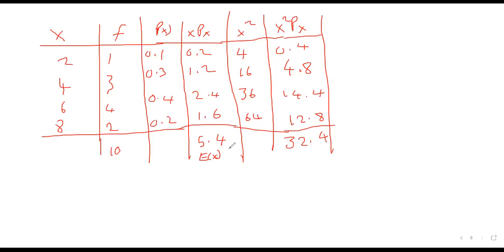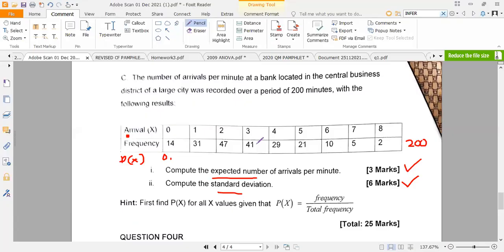So this minus the square of the expected value gives the variance. The expected value is 5.4, so the variance is 32.4 minus 5.4 squared. Then when you square root the answer, you get the standard deviation. So this is exactly what was supposed to be done here. Is this clear now? All right.